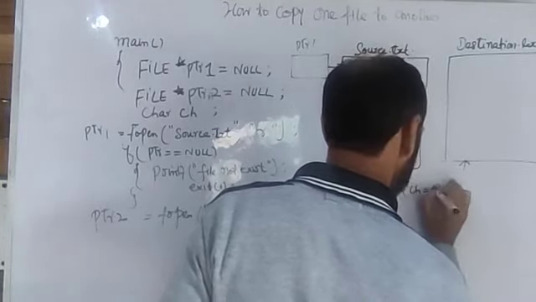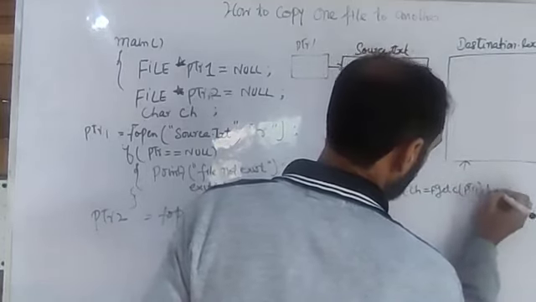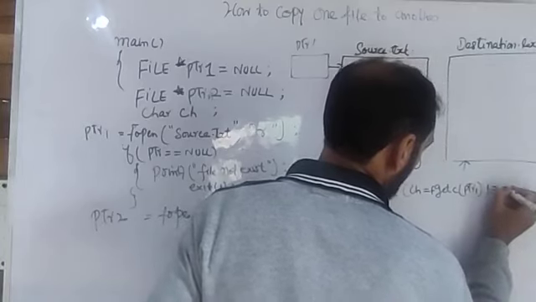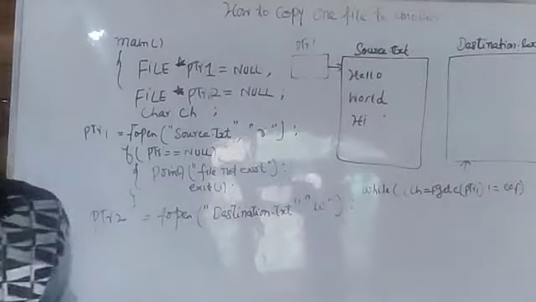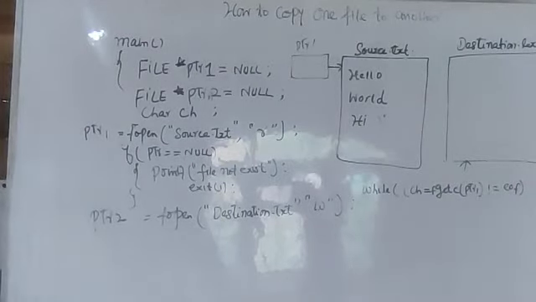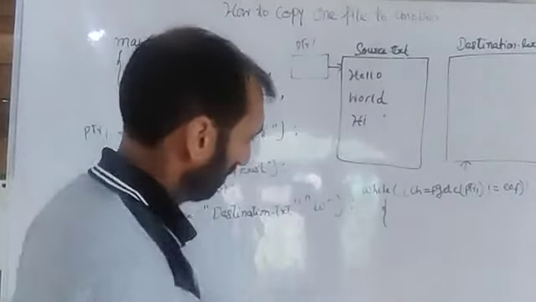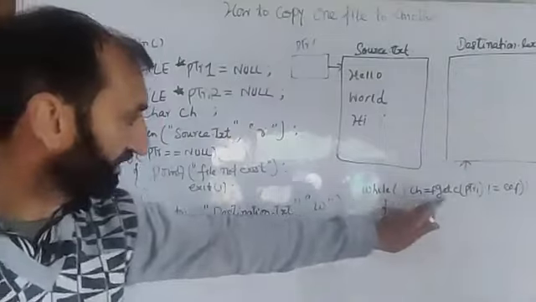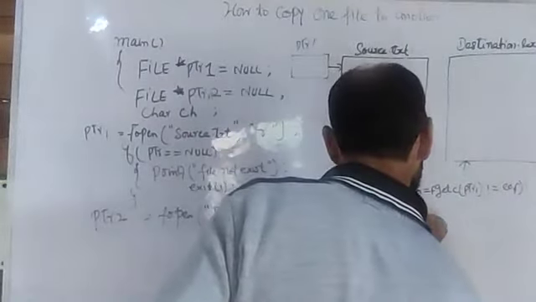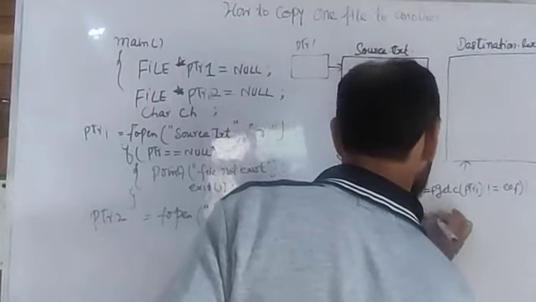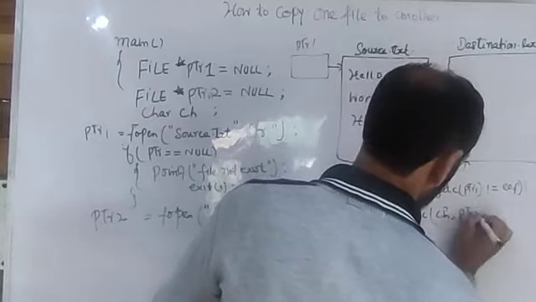fgetc(ptr1) not equal to end of file. While fgetc(ptr1) is not equal to end of file, simply here fputc, what I want to copy, ch, copy in ptr2.